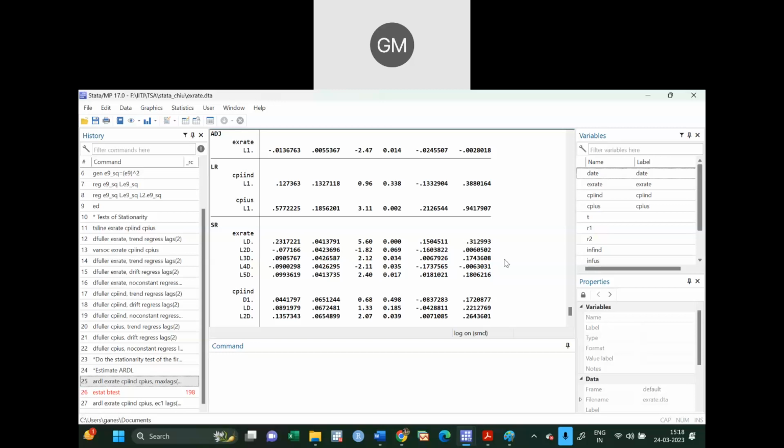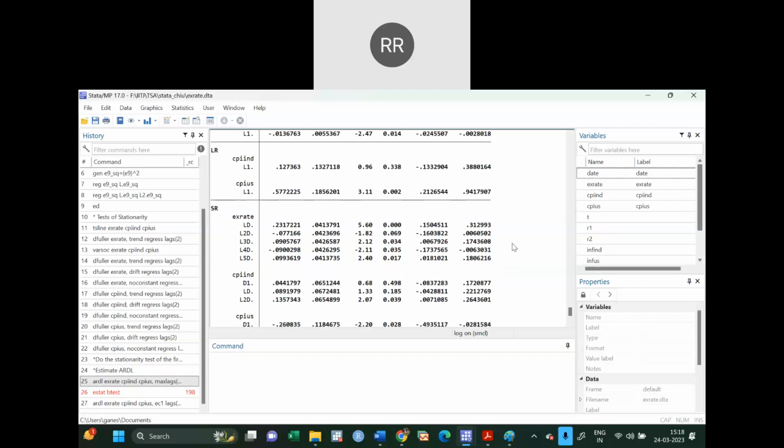So the interpretation here is that a 1% or 1 unit change in CPI India will increase the exchange rate by 0.12, or 12%. This is not in log form. Okay, thank you.